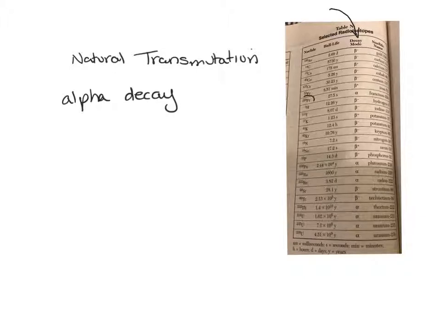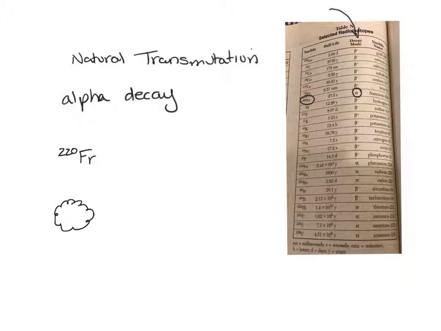So we're going to look at francium-220 right here, and you see that this decay mode is an alpha symbol. That means that francium-220 gives off an alpha particle. I'm going to draw it over here for you so you can see. Let's say we have a hunk of francium-220.